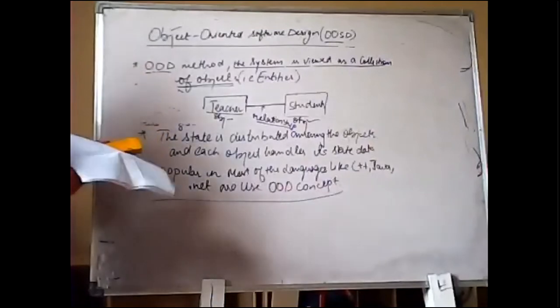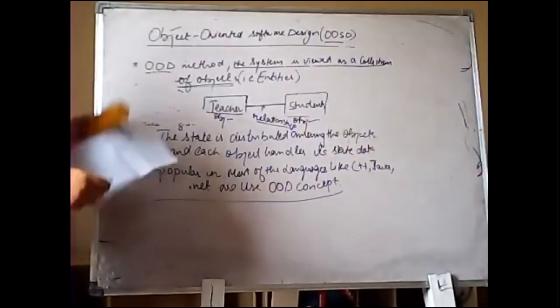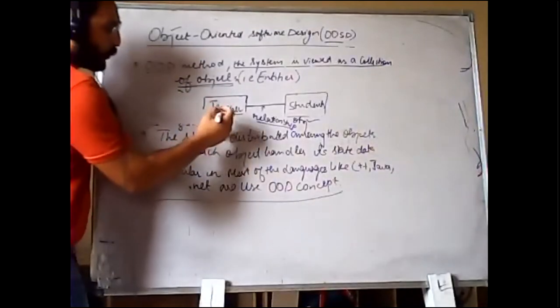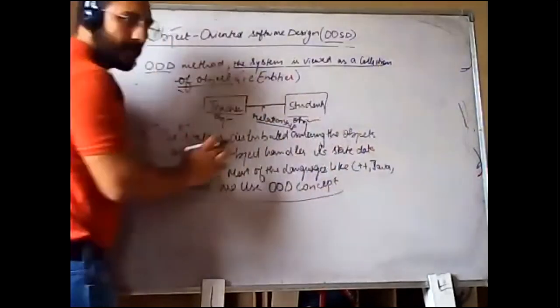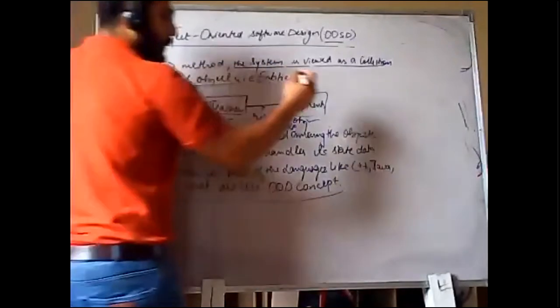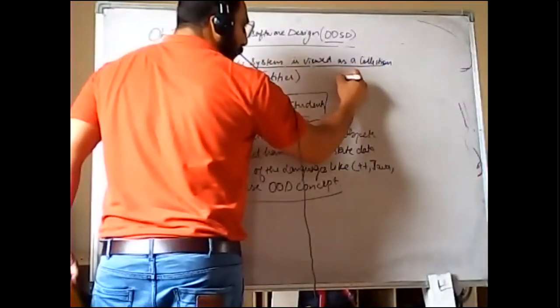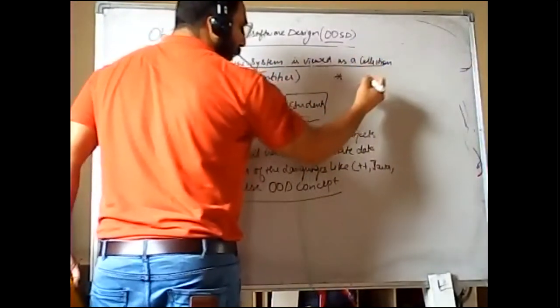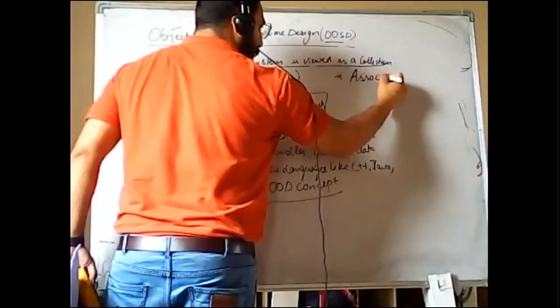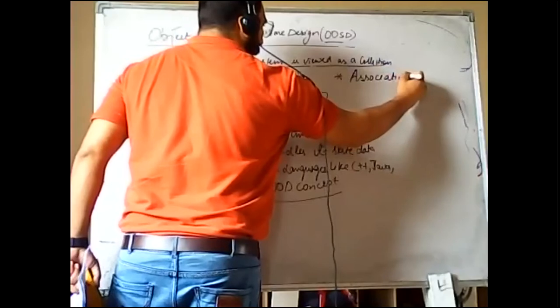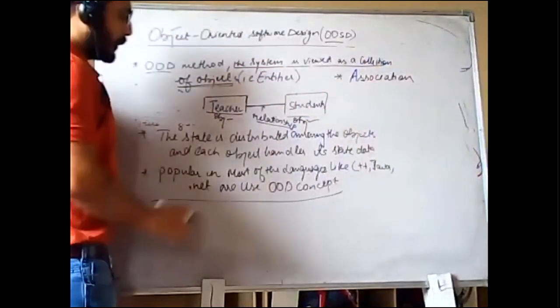I'm talking about a relationship between a teacher and a student, or the relationship between entities. There are different relationships. The first relationship is association.